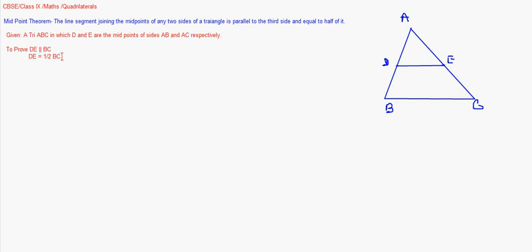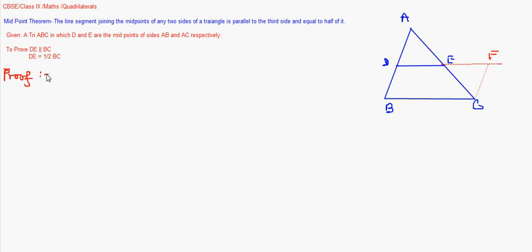To do so, we'll have to extend this DE and join C. It more or less looks like this; we have joined this FC as well as EF. The proof starts here.